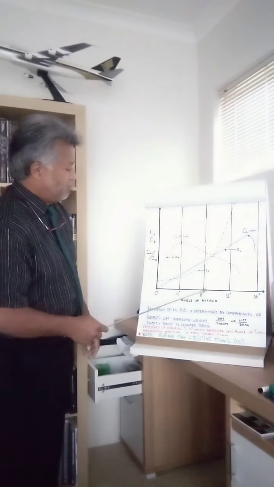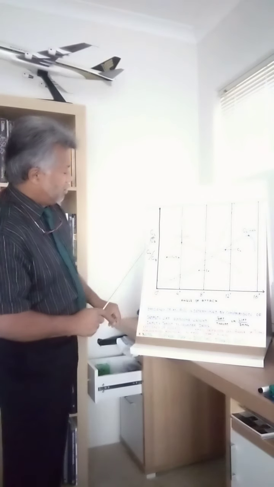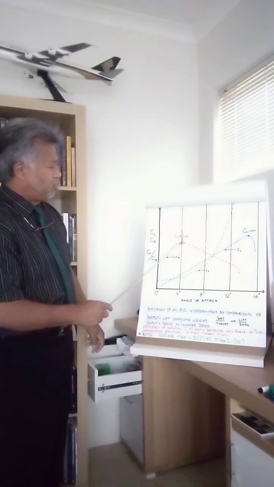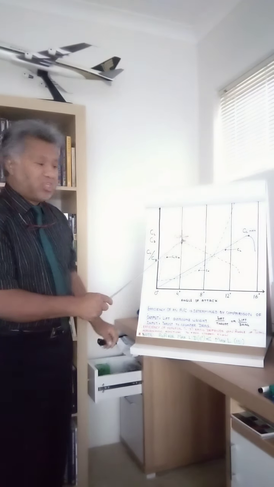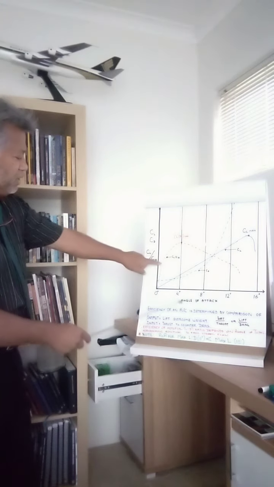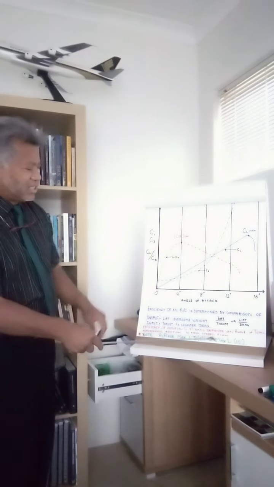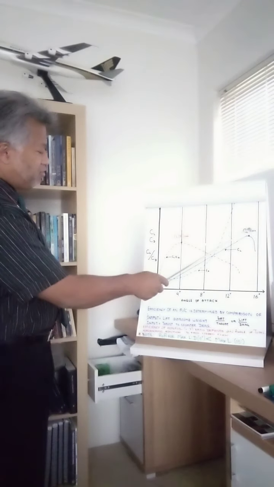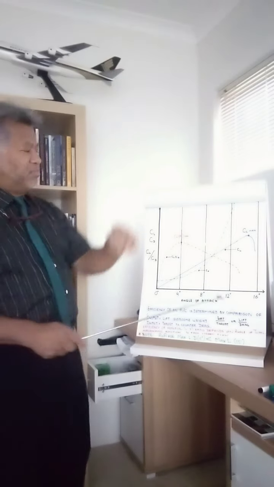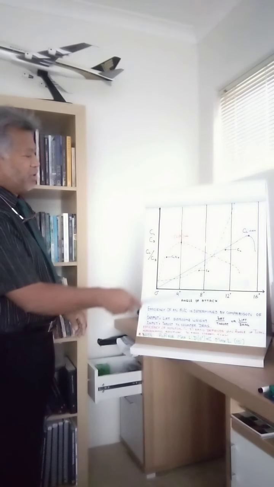Then as you further increase the angle of attack, the lift-drag ratio becomes less and less. The maximum lift-drag ratio is at approximately 4 degrees, which is usually a smaller angle than that of maximum lift. Obviously you have to raise the aircraft's angle to reach maximum lift, which is approximately 15 degrees.